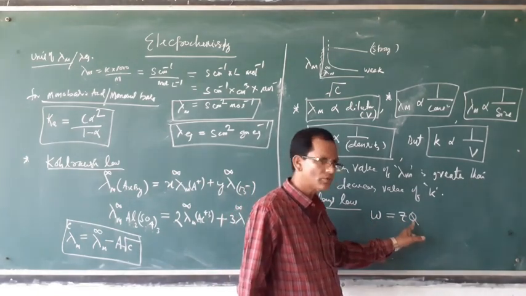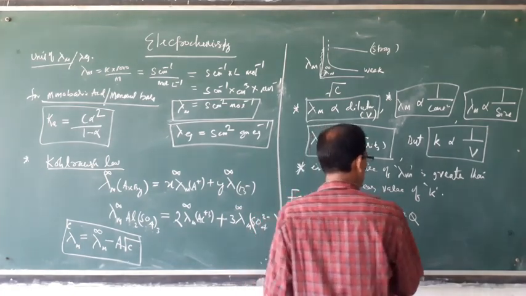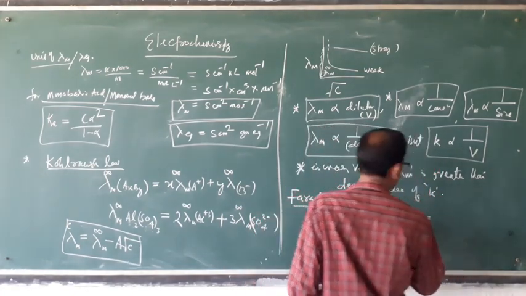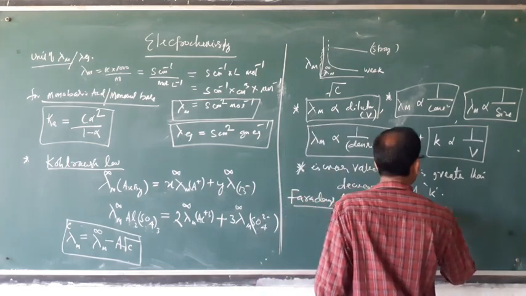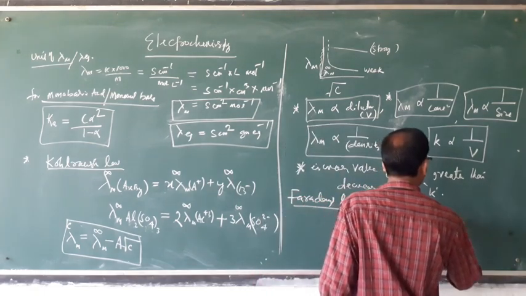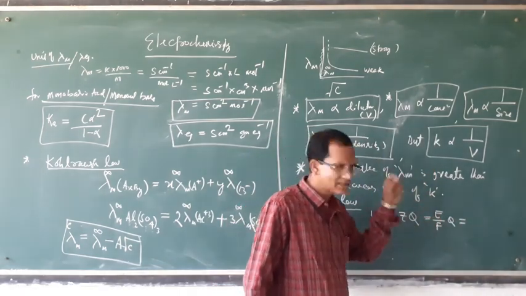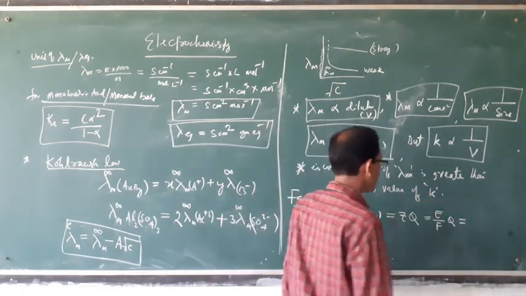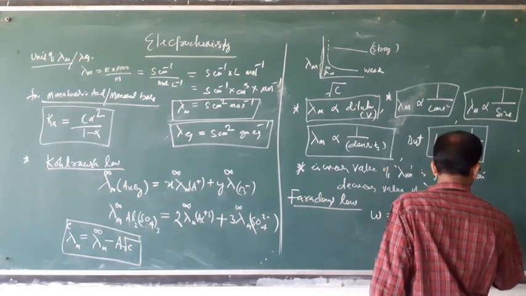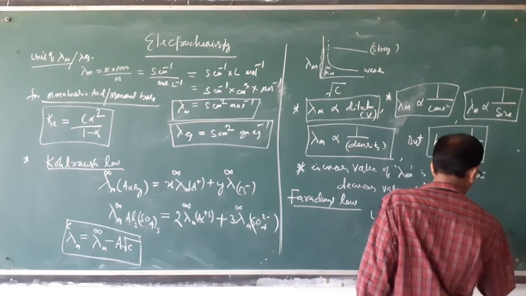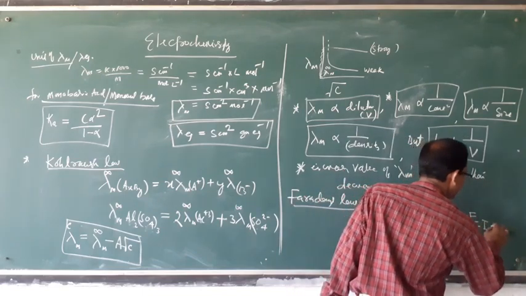Q is the charge, that is, the quantity of electricity. Z, the electrochemical equivalent, is equal to E by F. E is the equivalent mass, F is the Faraday, Q is the quantity of electricity. Q is equal to I into T.